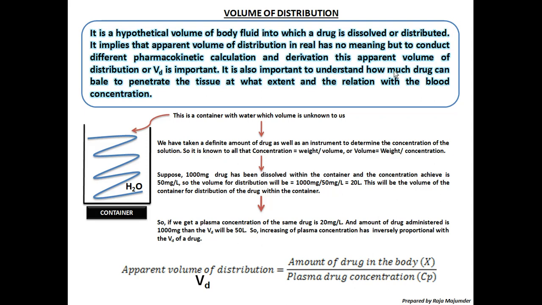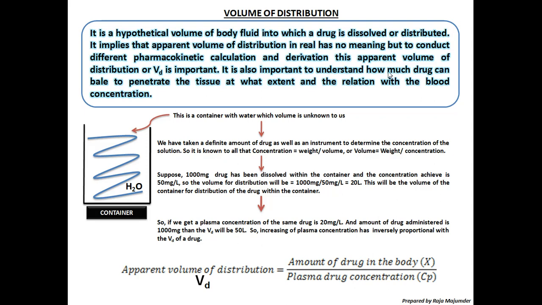So it implies that the apparent volume of distribution has no real meaning, but to conduct different pharmacokinetic calculations and derivations, this apparent volume of distribution, or VD, is important. It is also important to understand how much drug can penetrate the tissue and to what extent, and the relation with the blood concentration.